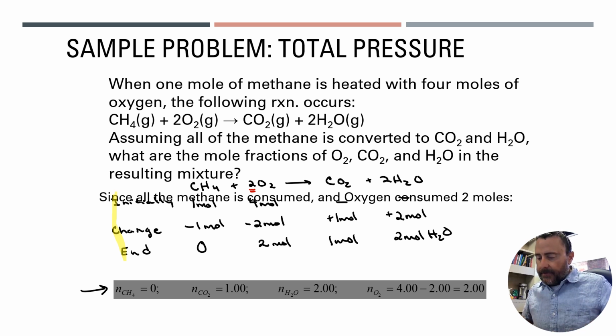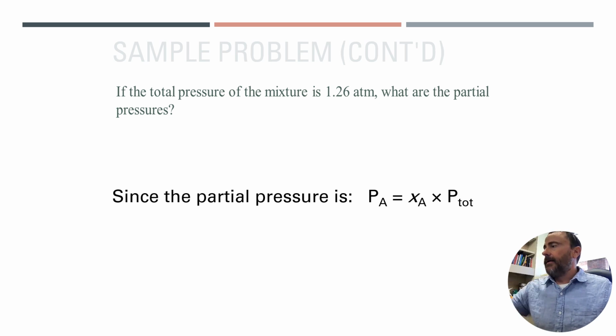Now, if the total mixture has a pressure of 1.26 atmospheres, what are each one of the partial pressures going to be? Let's see.